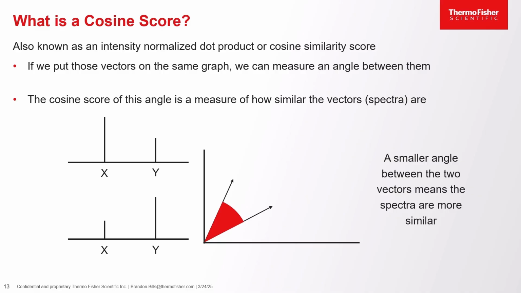If we take the cosine score of that angle, it gives us a measure of how similar those 2 vectors, aka spectra, are to each other. A smaller angle between the 2 means the spectra are more similar.